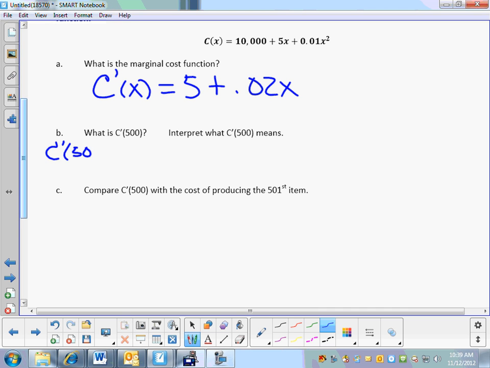C prime of 500 equals 5 plus 0.02 times 500. 0.02 times 500 is 10, plus 5 is 15. 15 what? So $15.